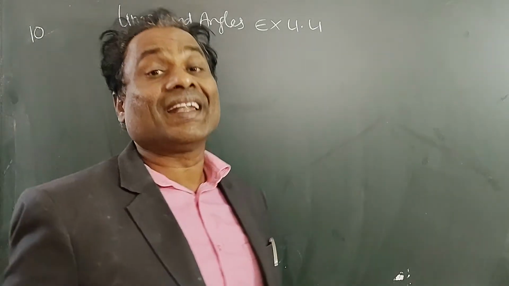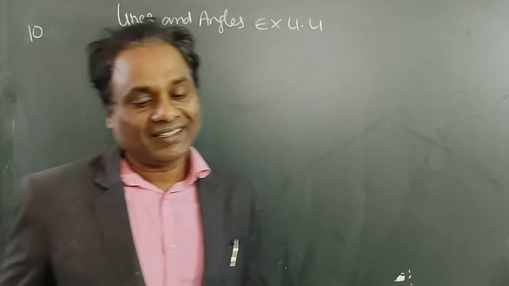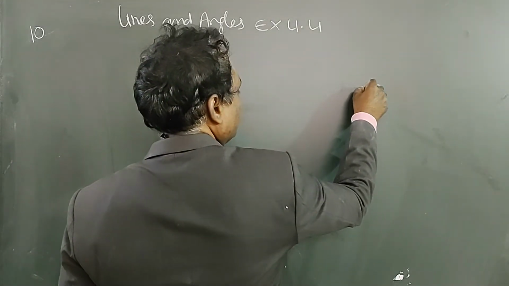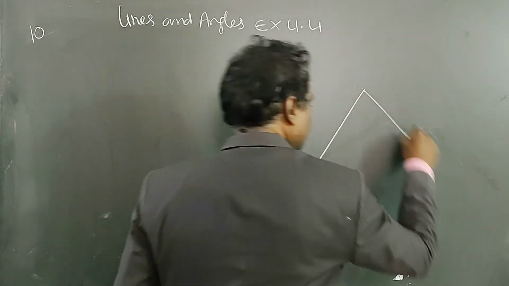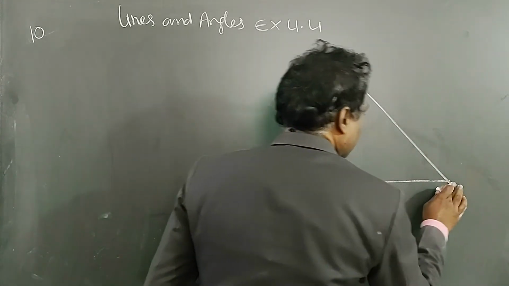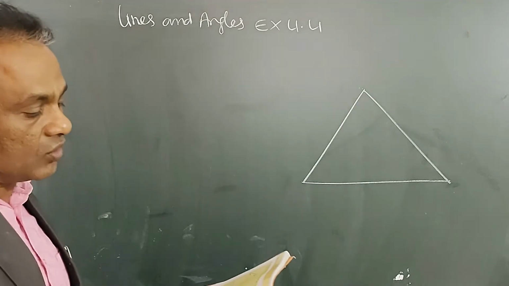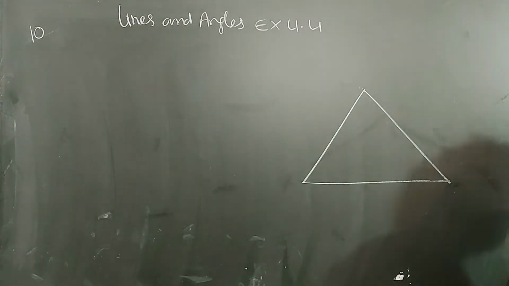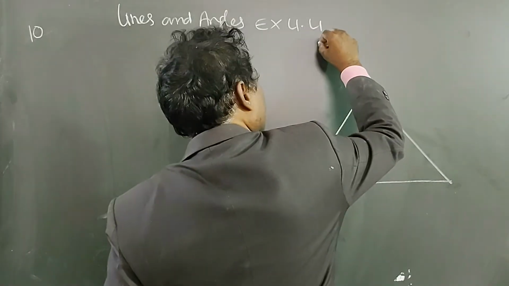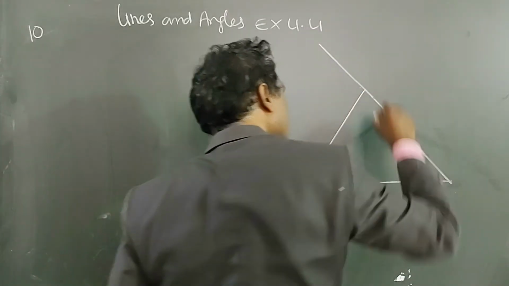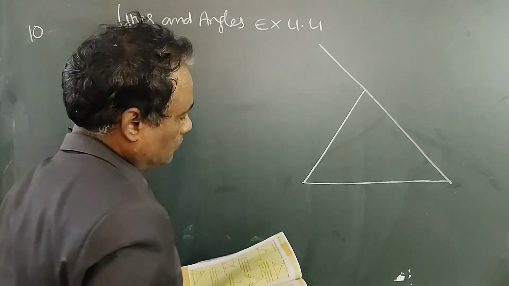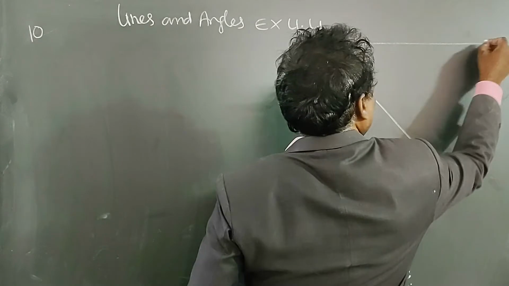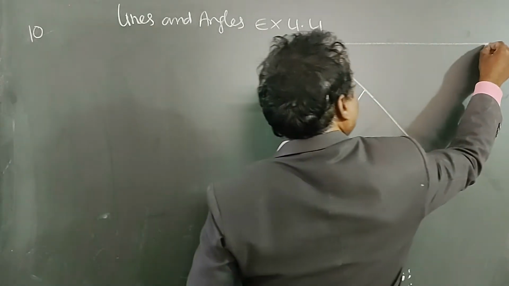10th question, draw the neat diagram from the textbook and also read the question. This is a line AB.